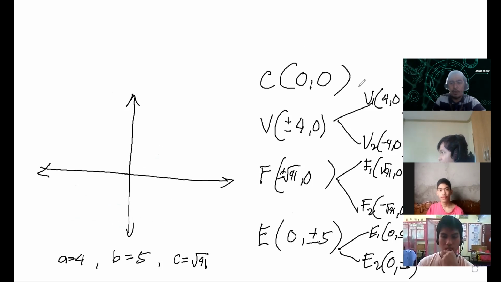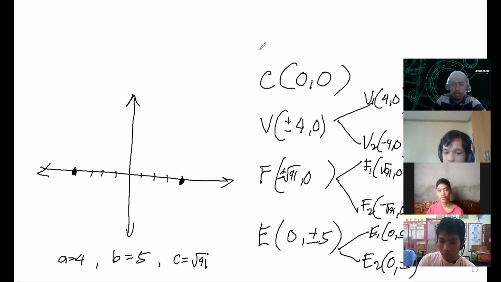So let us plot first our vertices, (4, 0). 1, 2, 3, 4, and negative 4, 0. So these are your vertex 1 and vertex 2.